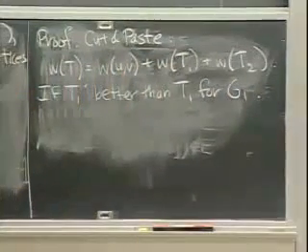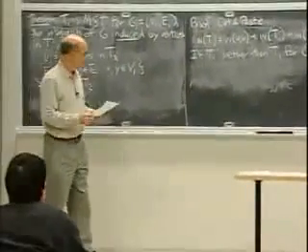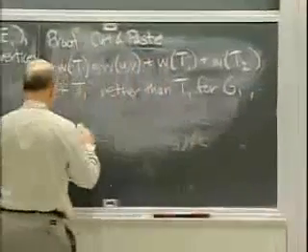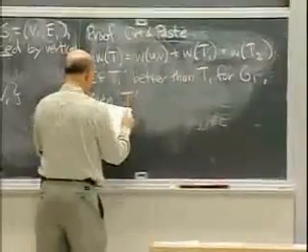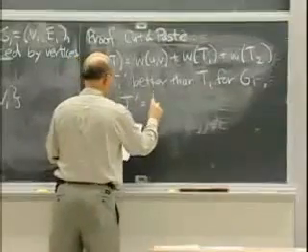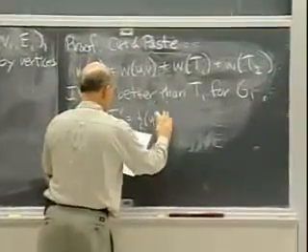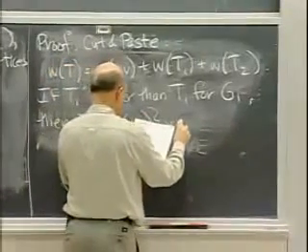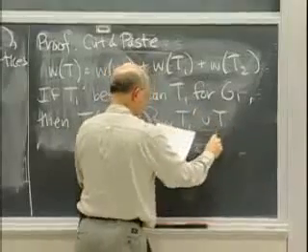Suppose I had some better way of forming a spanning tree. Then I would make up a T prime, which contained the edge UV, and T1 prime union T2.